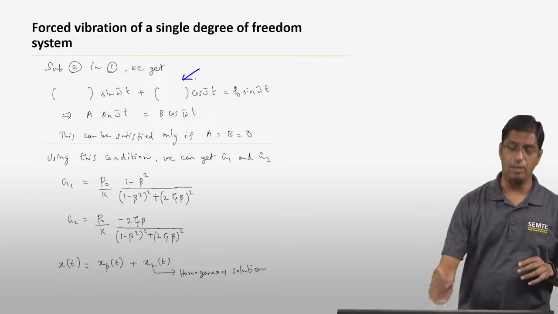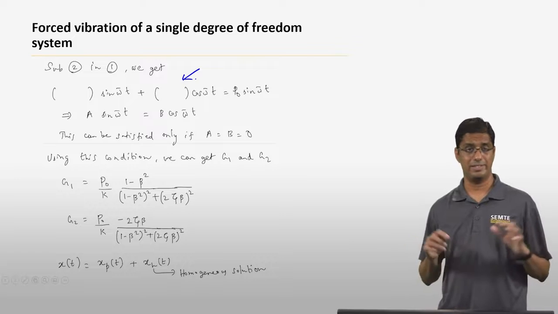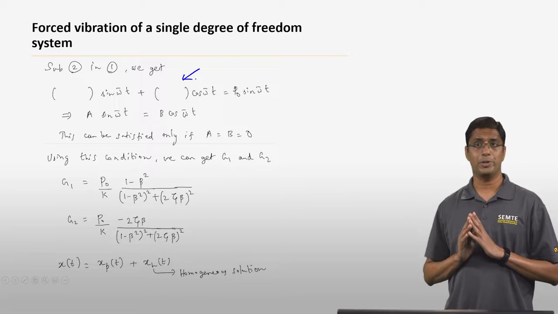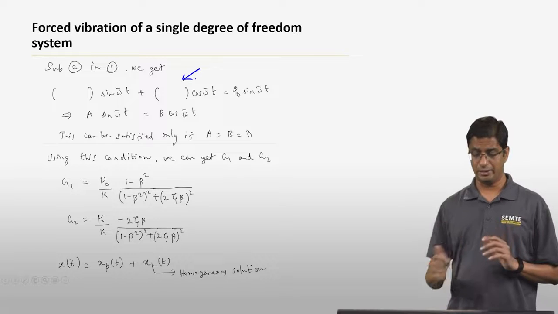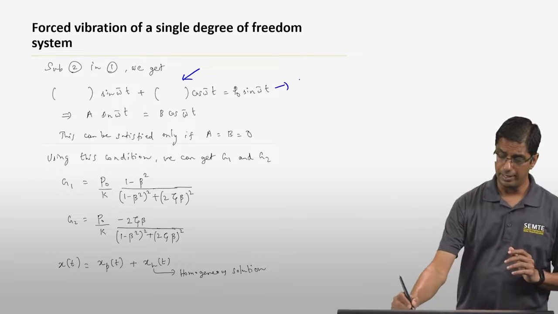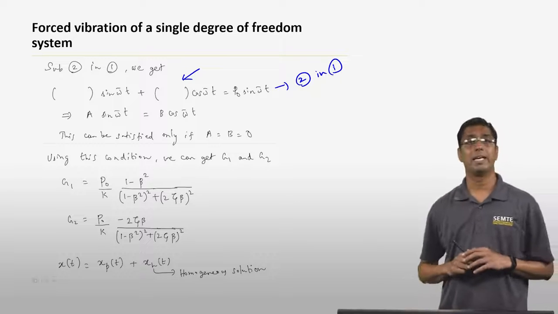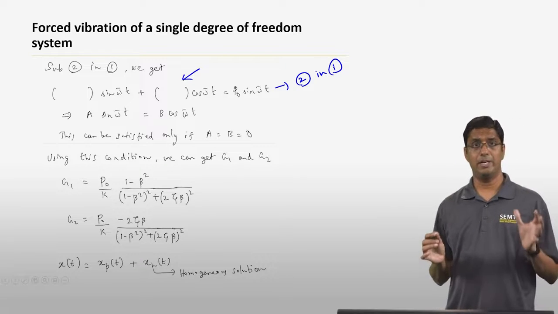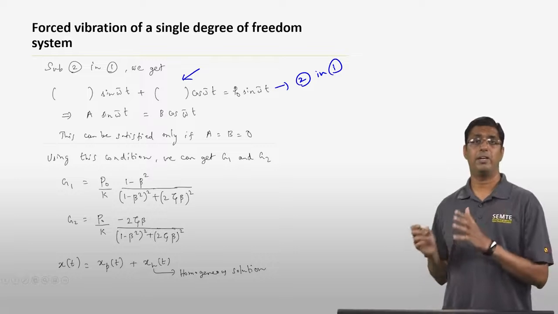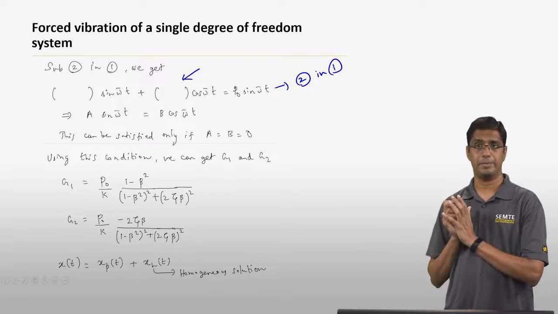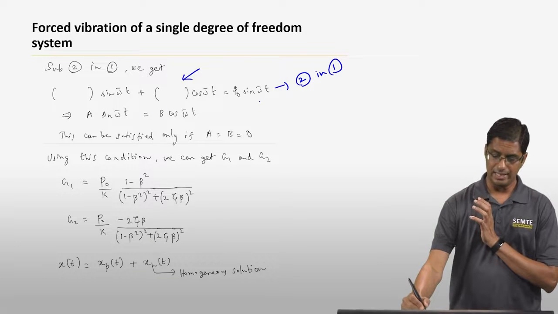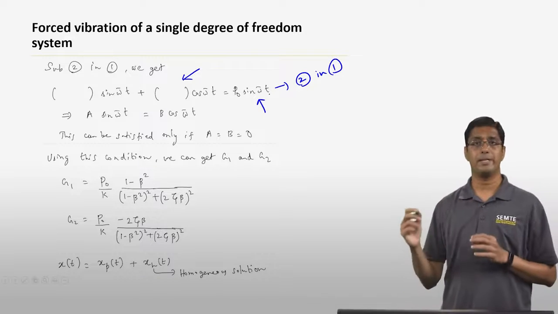I have not put all these terms there because it's tedious. But what I want you to understand is that by putting equation number 2 in equation number 1, you get an equation with a bunch of sine omega bar t terms and a bunch of cos omega bar t terms, and the right hand side is the forcing function, p naught sine omega bar t.